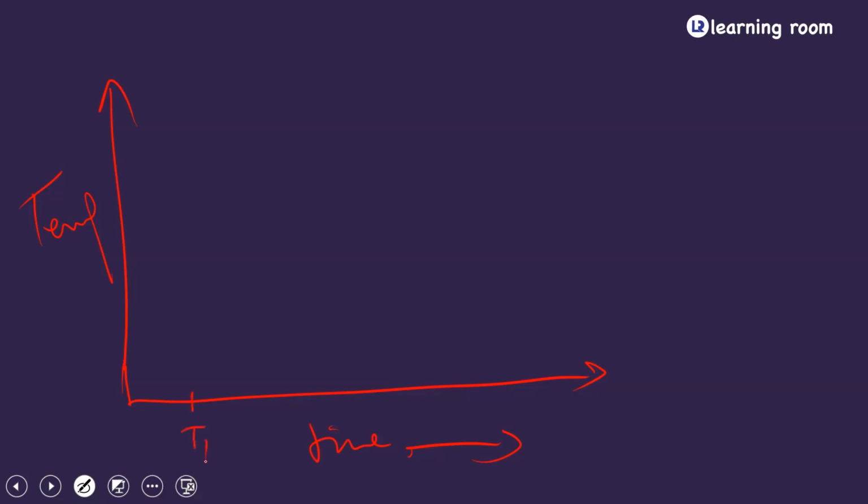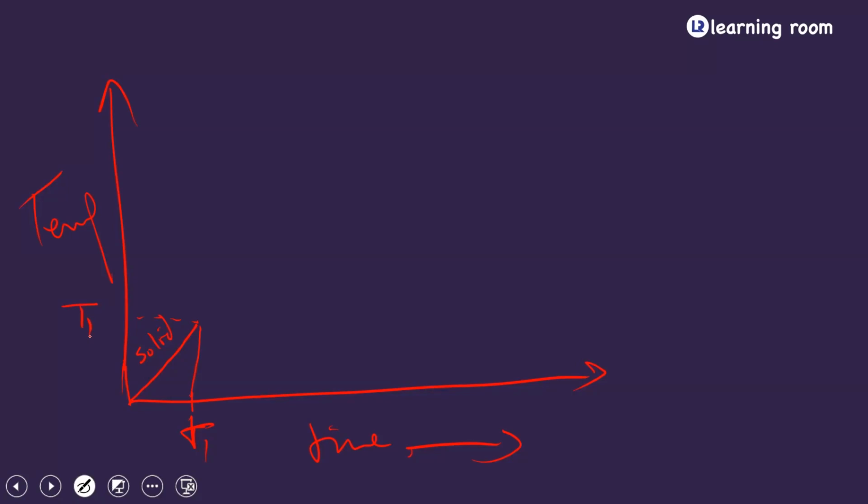The temperature of that will increase. Here it is solid. From here, what will happen?